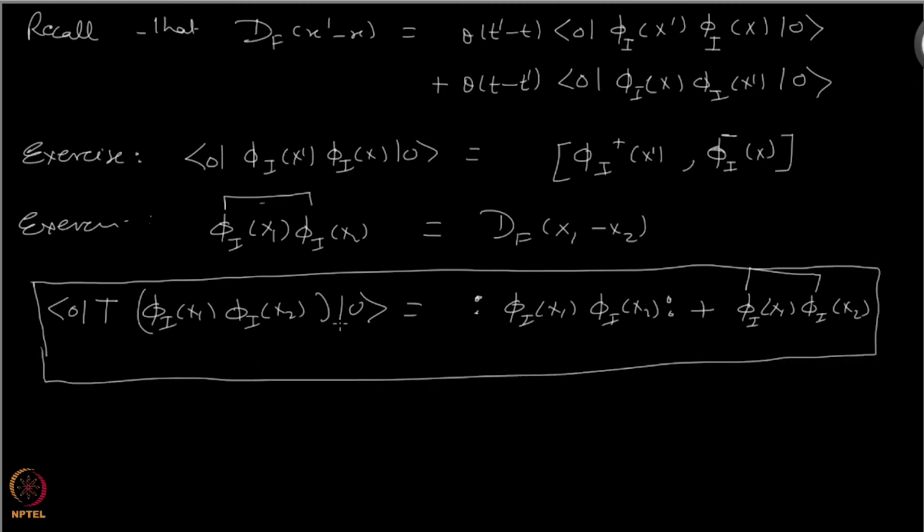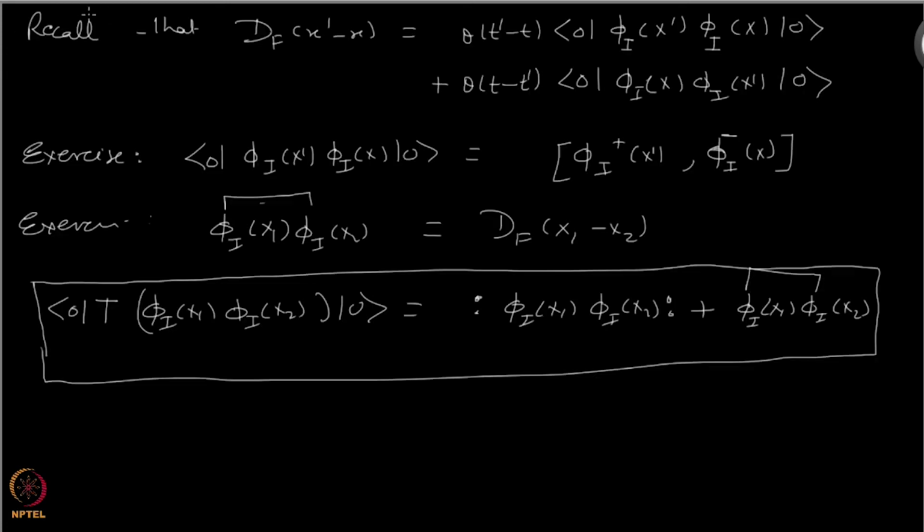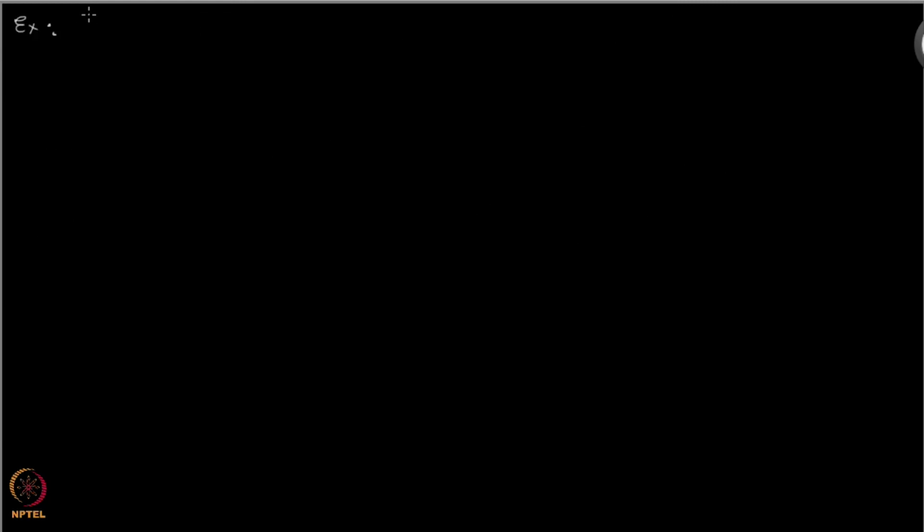I'll give you another exercise in which you have to just follow the same steps which I have used for this two-point function, and it's not difficult. Before I give the exercise, I will introduce a shorthand notation.